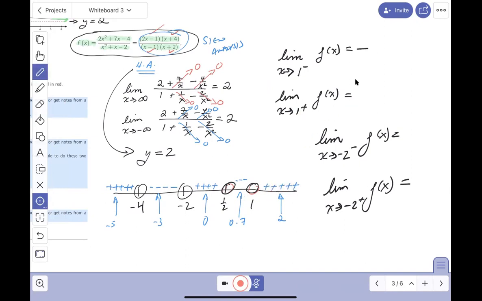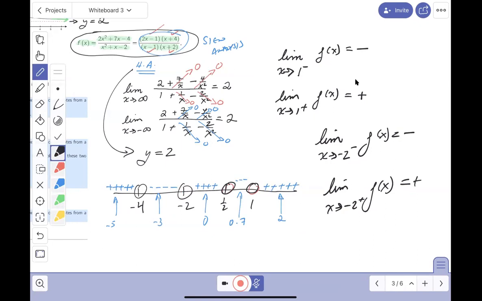It's a positive number. Let's keep going. -2 from the left. What kind of number is it? It's a negative number. Let's do the next one. -2 from the right. What kind of number is it? Positive number. I'll put that down for you.